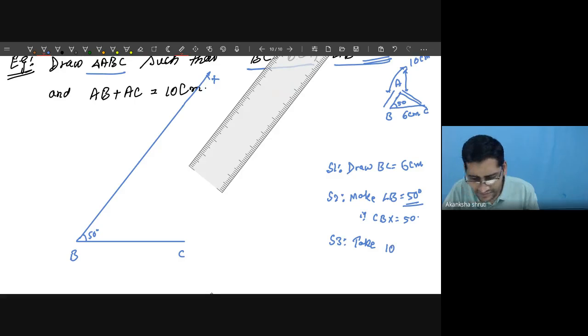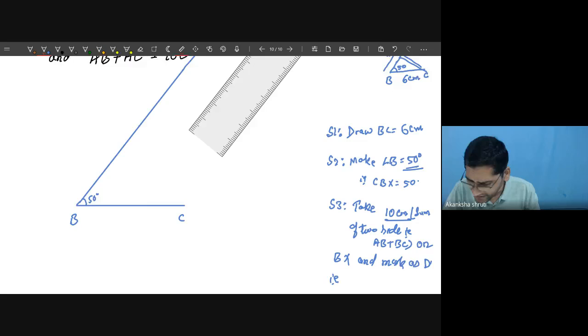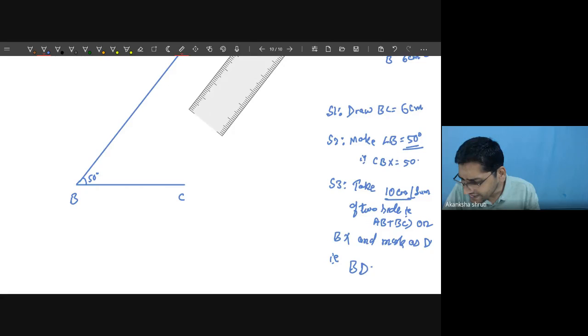Take 10 centimeter. Why this 10 centimeter? This is the sum of two sides. The 10 centimeter given, that is AB plus AC, on BX and mark it as D. That is what you are going to take. BD is equal to 10 centimeter.